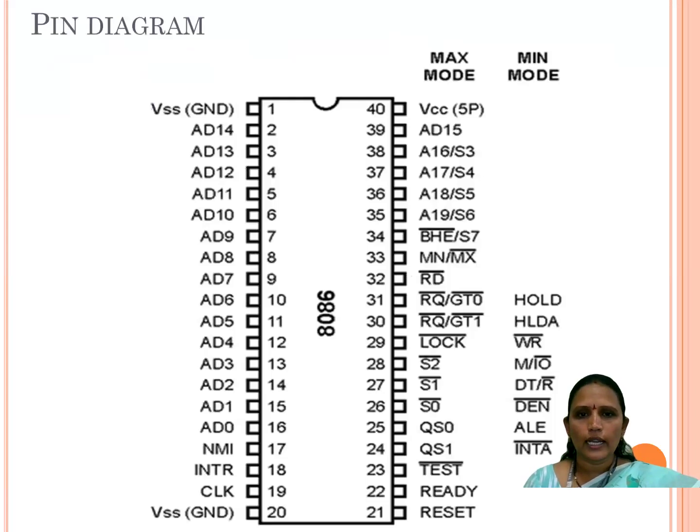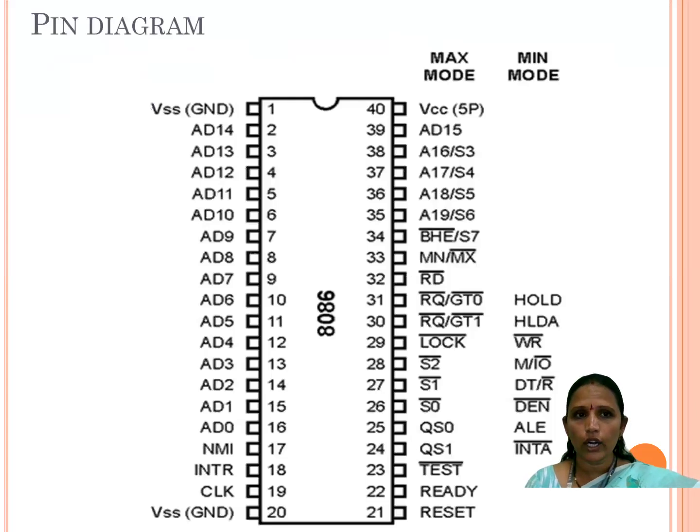This 40-pin IC requires a 5 volt power supply. As we discussed, it has the address and data multiplexed lines, AD0 to AD15, and the address and status lines, A16 to A19.